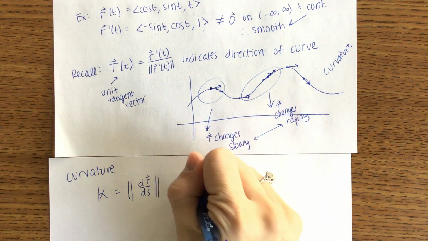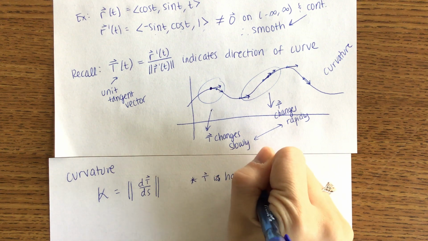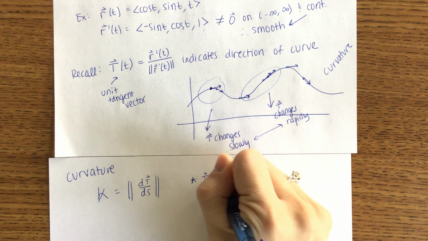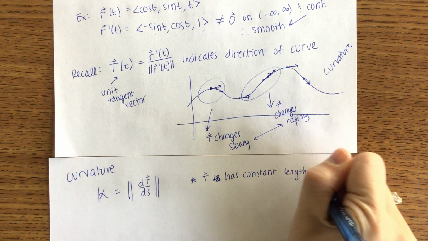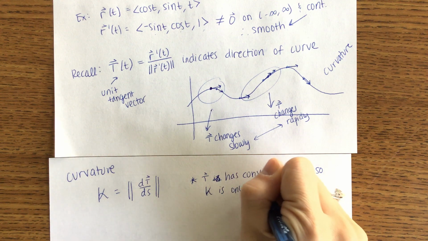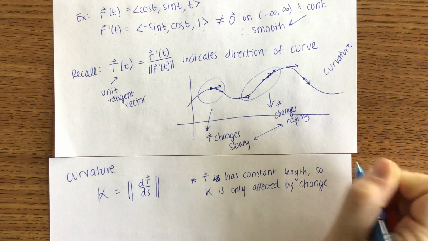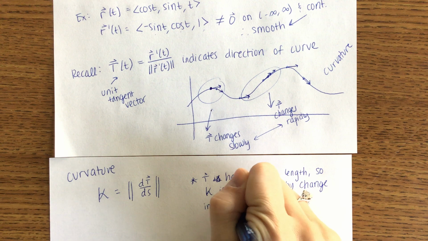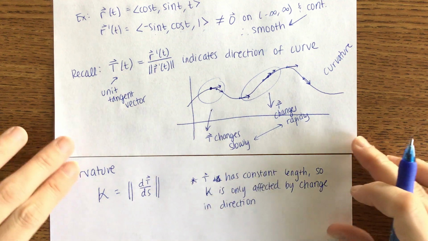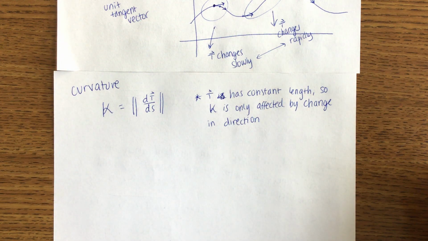Okay, one thing to know is t has a constant length. It's a unit vector. So our curvature then is only affected by the change in direction.